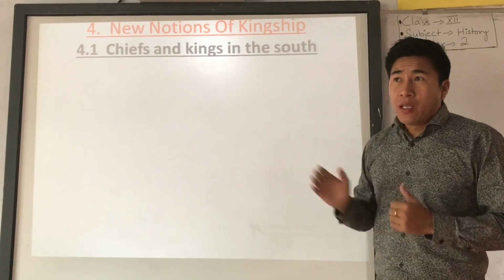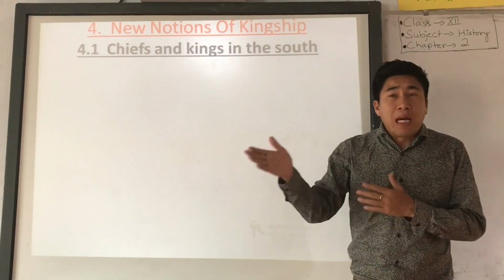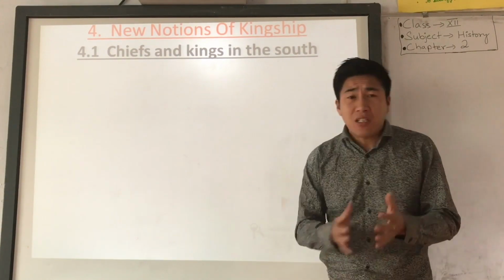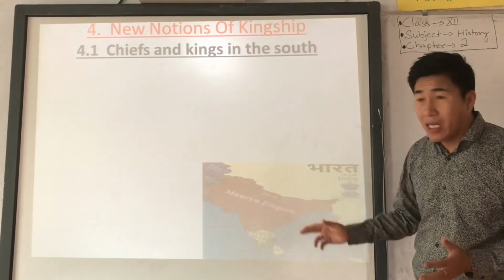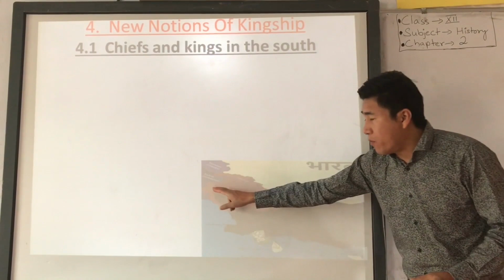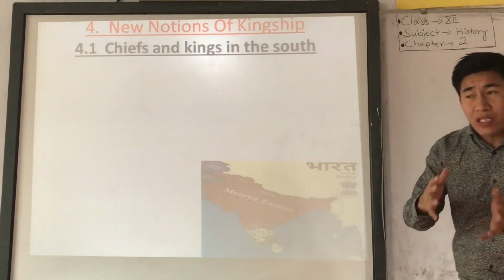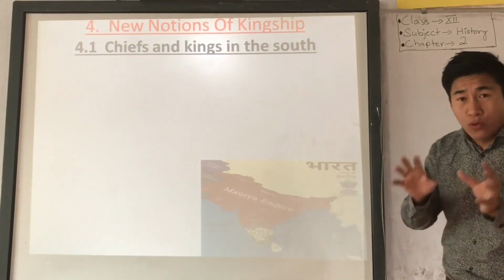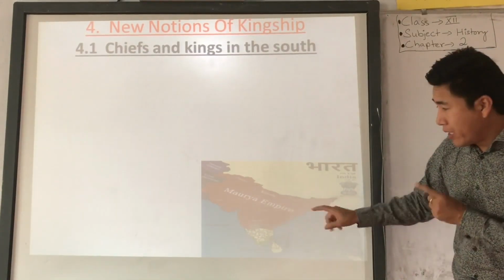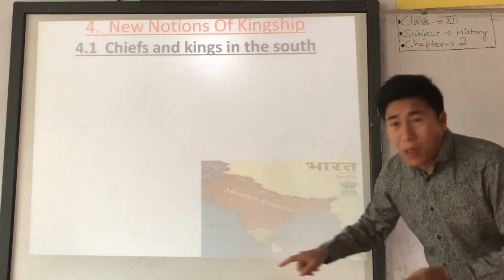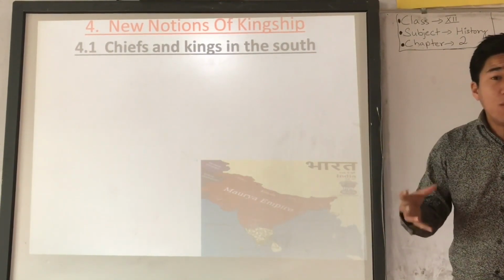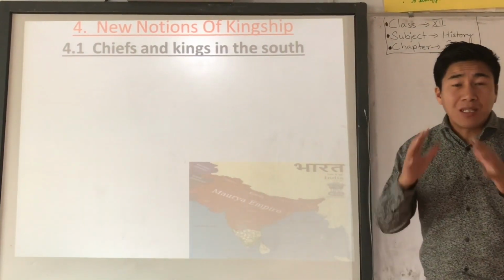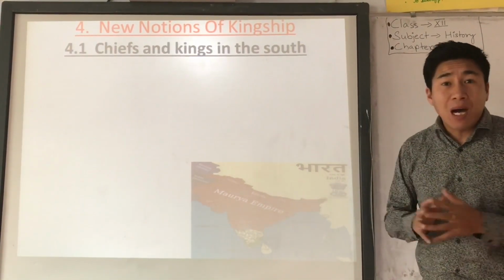In the south. Now, in the last video we discussed the expansion of the Mauryan Empire, which expanded from the northwest frontier provinces to Assam and then to Andhra Pradesh. If you notice here, most parts of South India were not under the Mauryan Empire. They were free, not under its control, right?